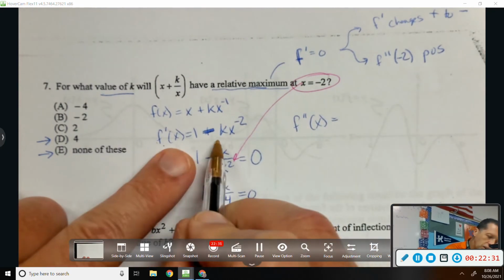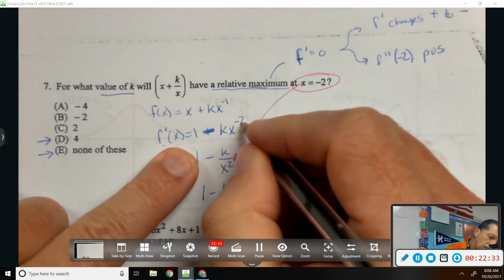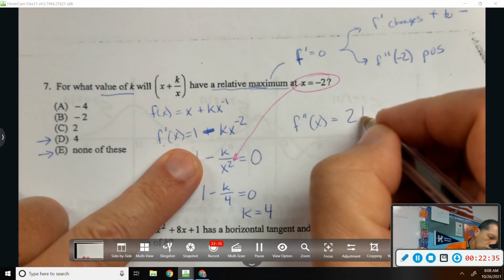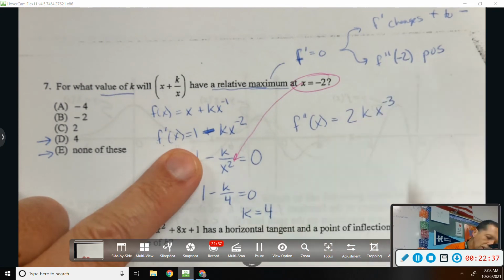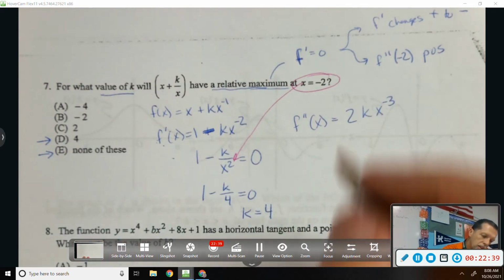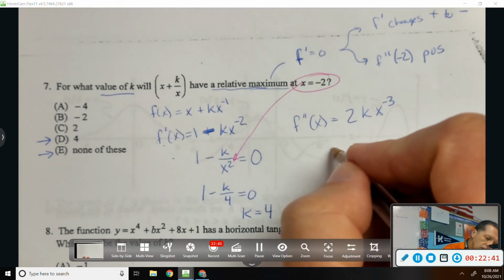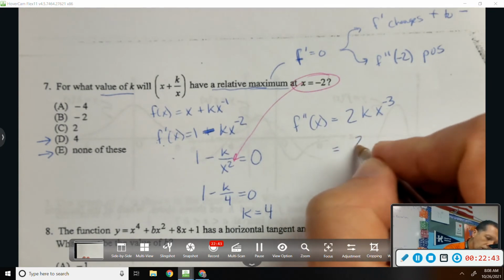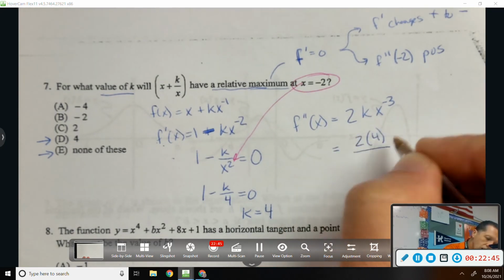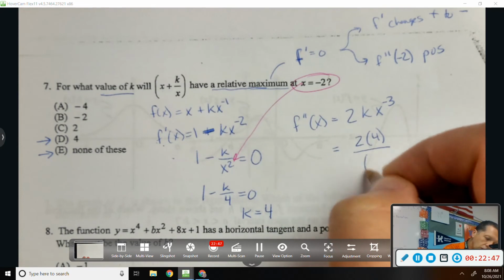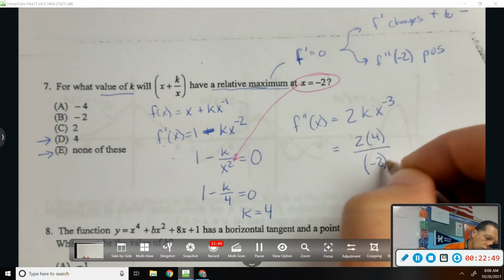So that would be positive 2k x to the -3. So k is 4, x to the -3, but x is -2.